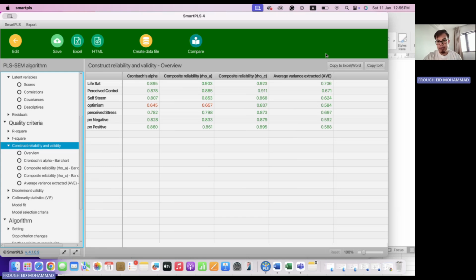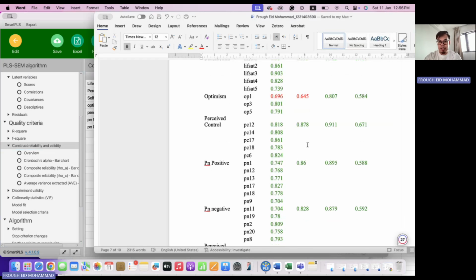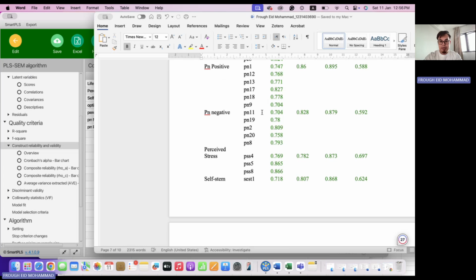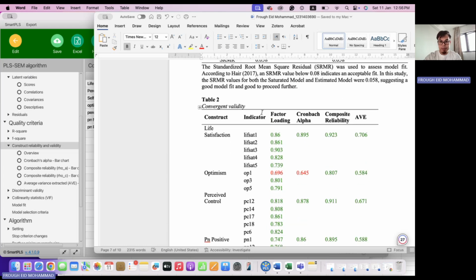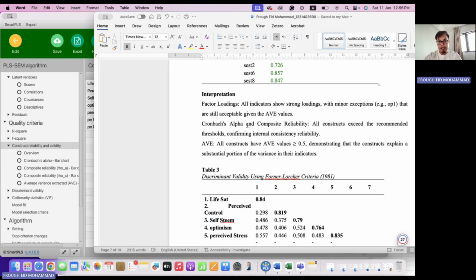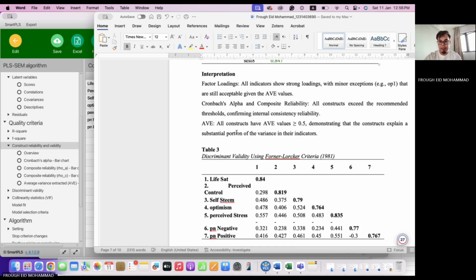All of them have good and acceptable values that I have extracted here. The only value removed is the composite reliability rho_A, and the others are kept. Based on these values, I interpret them. Here is the interpretation of this analysis.